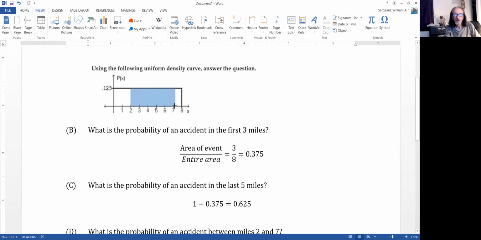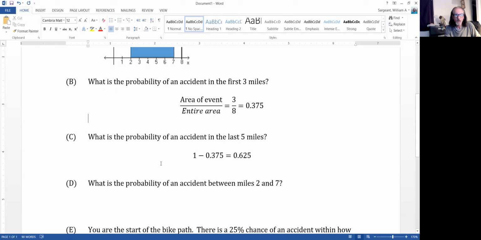Talking about the probability of an accident happening in there. That's a 5-mile stretch as well, and 5 times 0.125 is 0.625. So there's that.